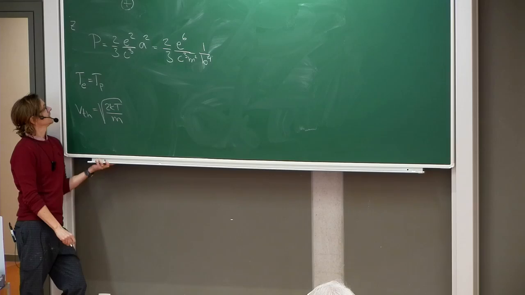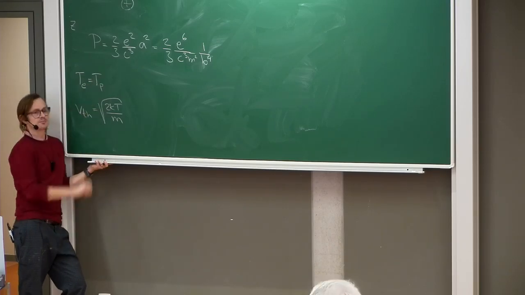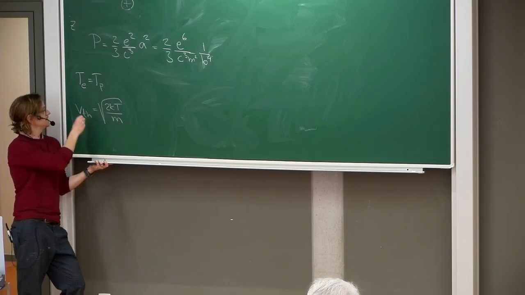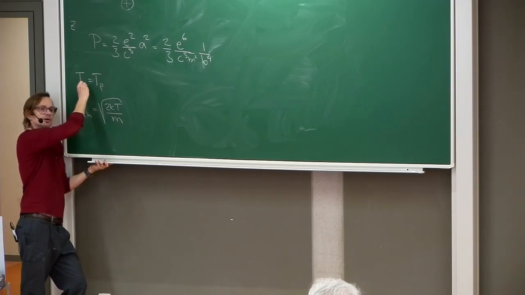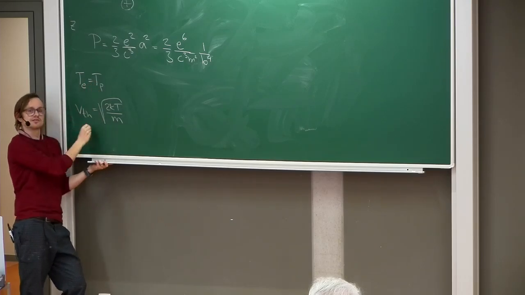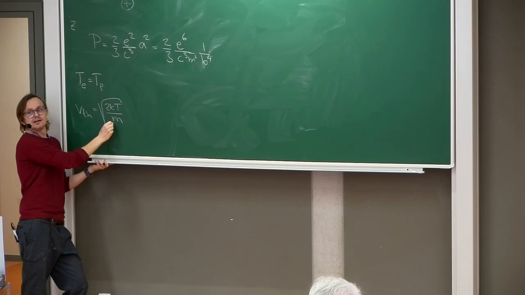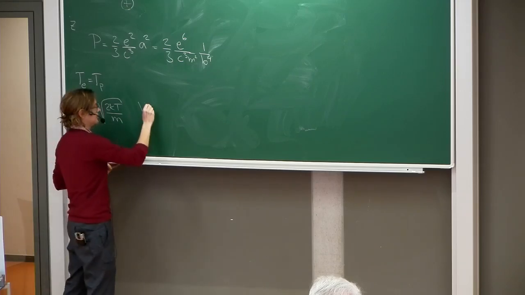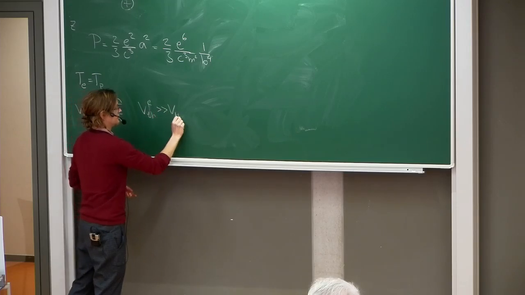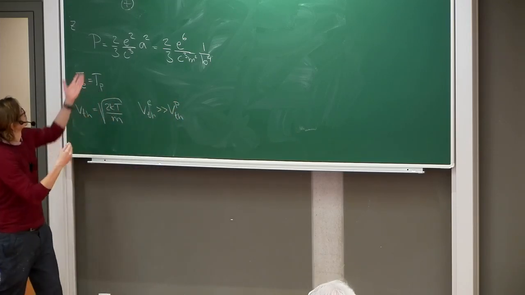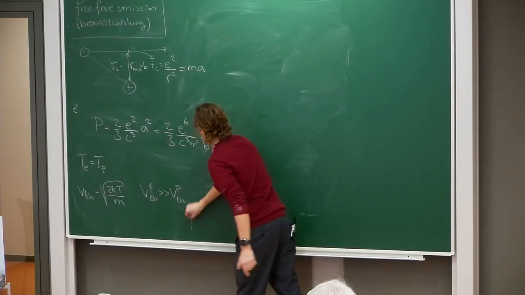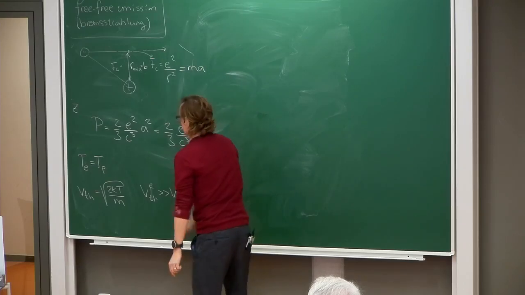So, of course, if the electron and proton temperatures are the same, then the thermal speed of the electron will be much, much greater than the thermal speed of the protons, because the mass of the electrons is much smaller. So, in a relative sense, it is okay for us to assume that the proton is at rest.